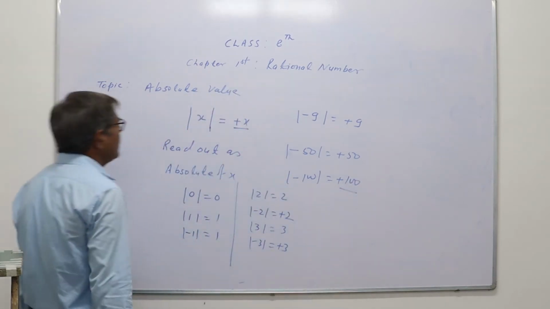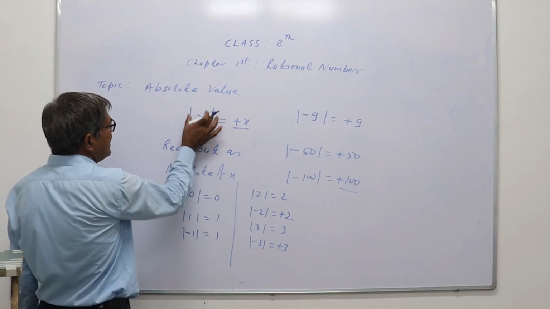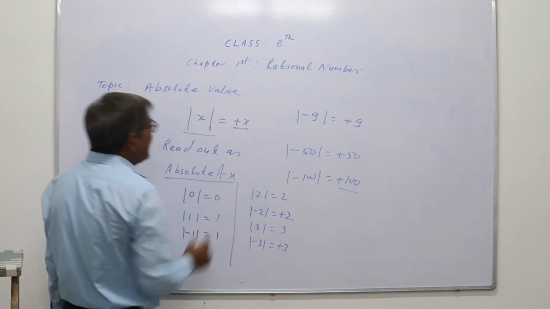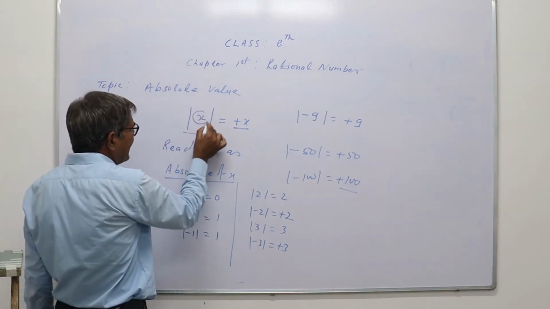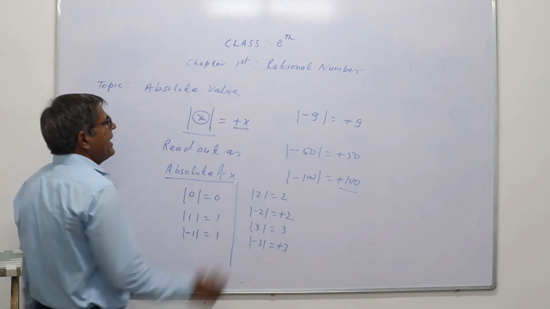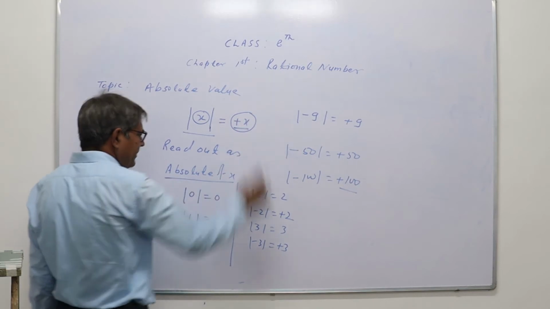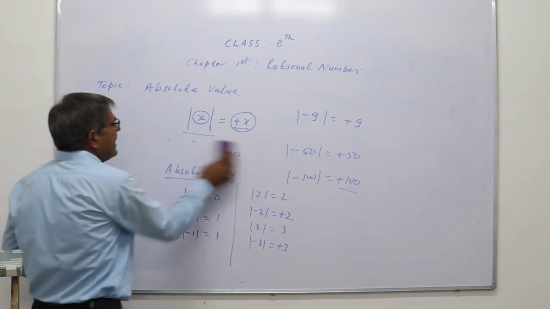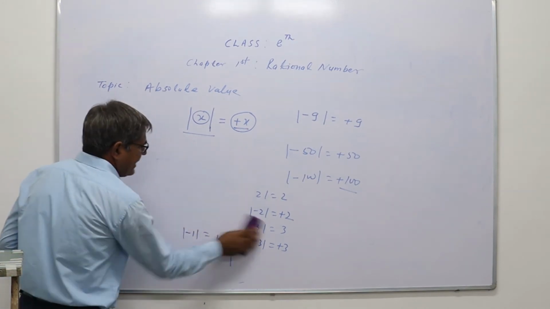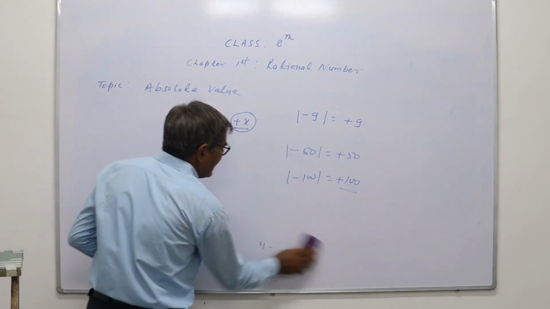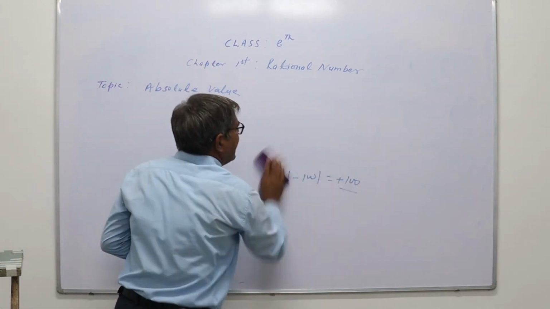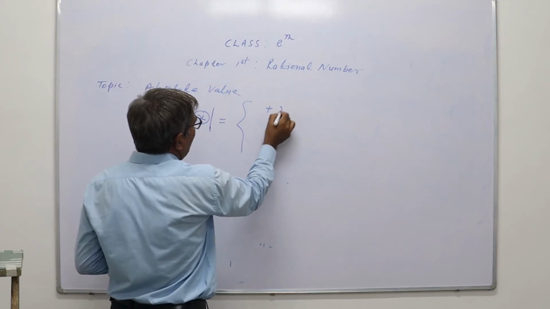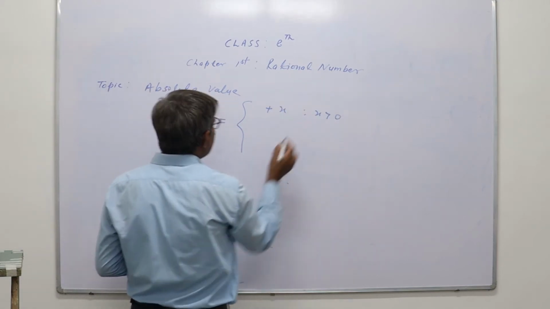So the absolute of any real number x is represented by this symbol and read out as absolute x, and whatever the value of x, if we have to find the absolute of that, it means it will be positive x. In higher classes you will learn that absolute x is explained as: absolute x will be equal to plus x if x is greater than 0.